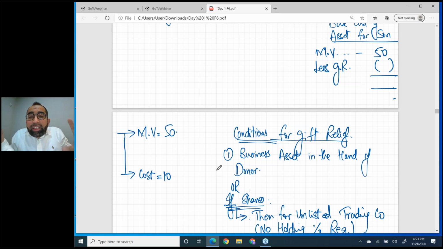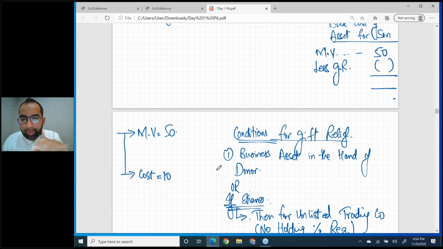So what's the rule of the tax department? They say whenever a chargeable asset is transferred from dad to son, or from mom to son, you have to use market value to compute the gain. That means instead of disposal proceeds, use market value.